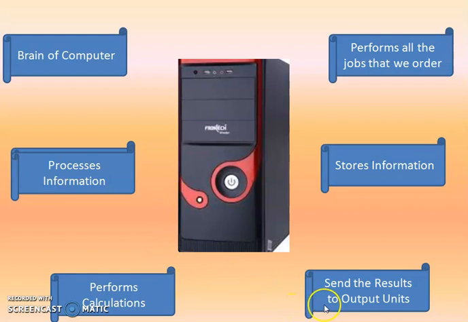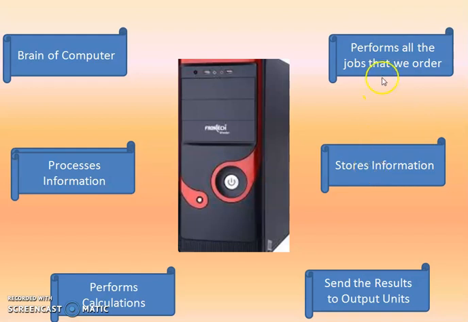When the processing and calculation are done, the result will come, and this result is sent to the output unit, and this task is also done by the CPU. Then it stores information, whether we want to keep it temporarily or permanently. That information is stored in the CPU only.